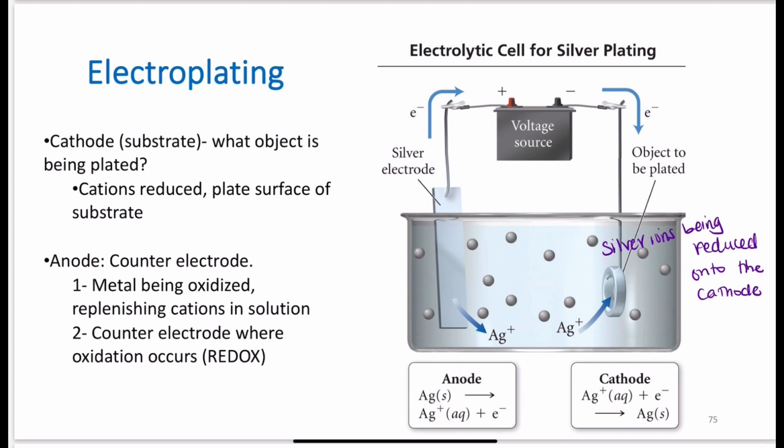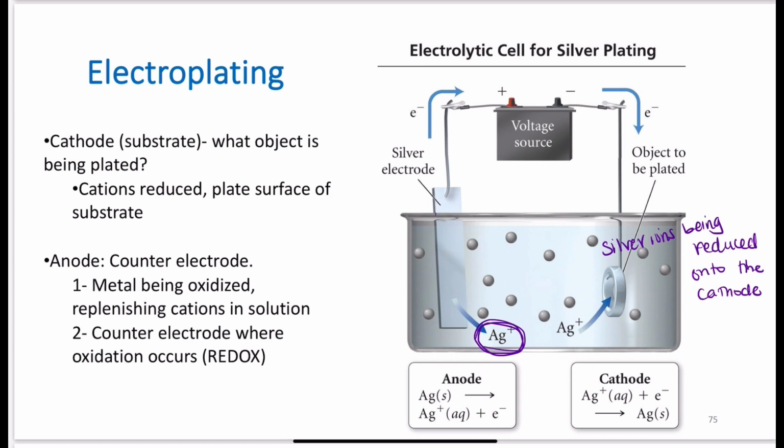So when we're plating something, it's reduced at the cathode, but it also sticks there then. So it's going to stick to the cathode. And note, at the anode, I have silver being produced. So what I'm doing is I'm putting a silver electrode in that is the source of the silver ions. I have some silver ions in solution as well, and then I'm plating them at the cathode.